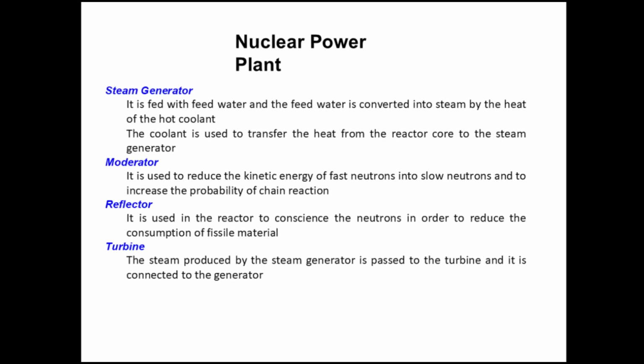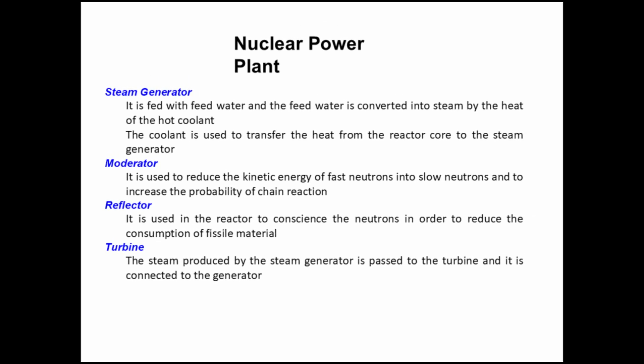Nuclear power plant. Steam generator. It is fed with feed water, and the feed water is converted into steam by the heat of the hot coolant. The coolant is used to transfer the heat from the reactor core to the steam generator. Moderator. It is used to reduce the kinetic energy of fast neutrons into slow neutrons and to increase the probability of chain reaction.